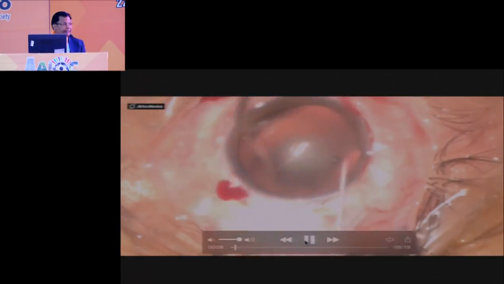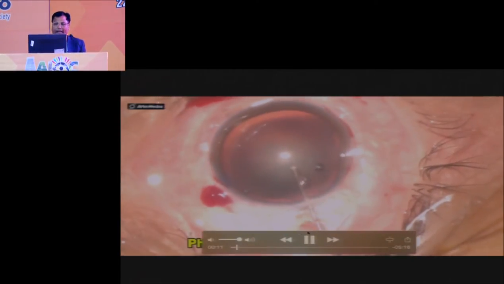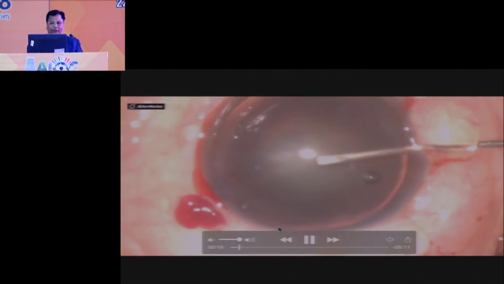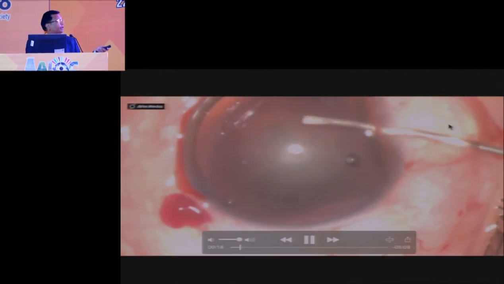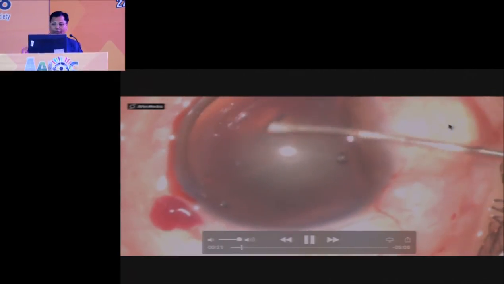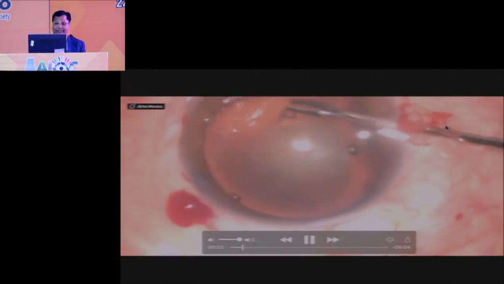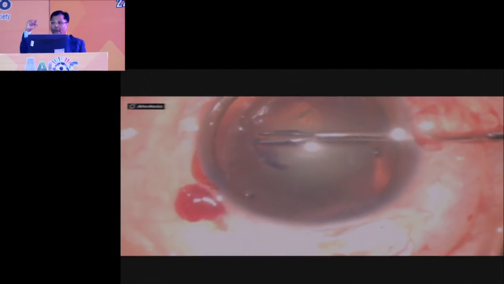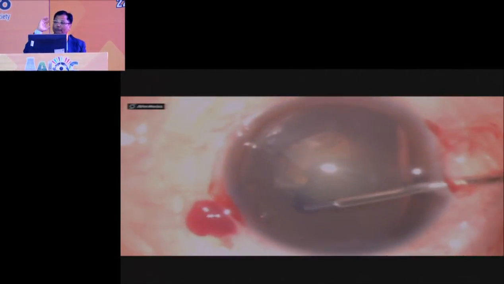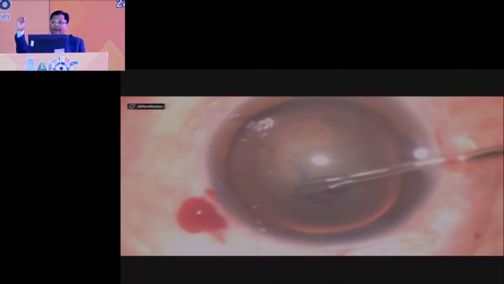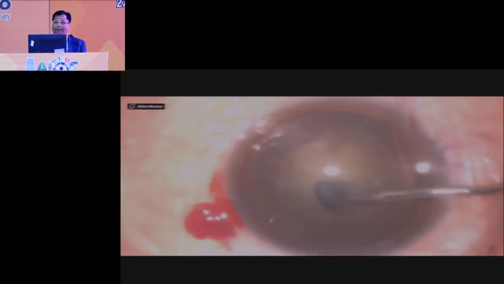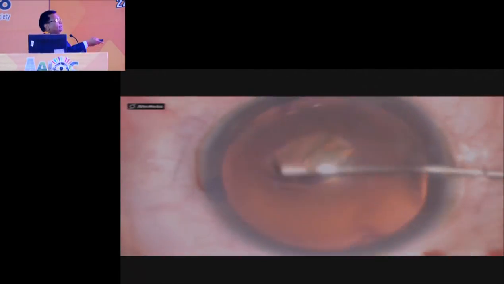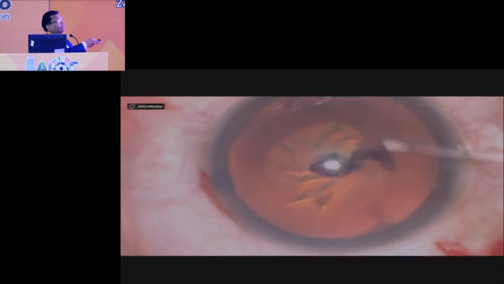This is a case of a deep anterior chamber and everything looks nice. Now you start doing the capsulorhexis. You can see the phaco fluid, you can see the active visco has come out, although the chamber is deep and nice. One interesting point here is that when you do the nucleus emulsification, your site of incision and site of nucleus are away from each other. So it's very important that you are working here and in another plane.